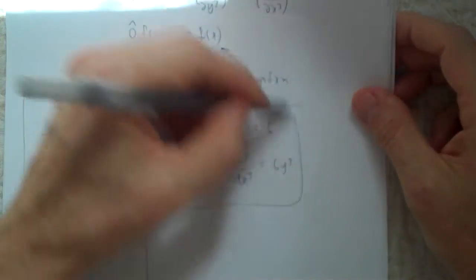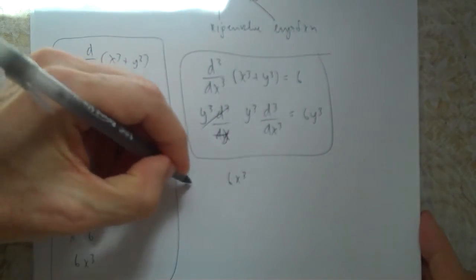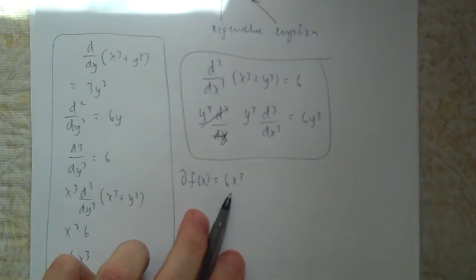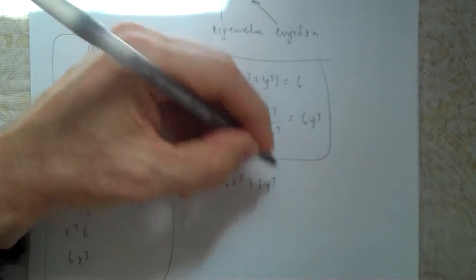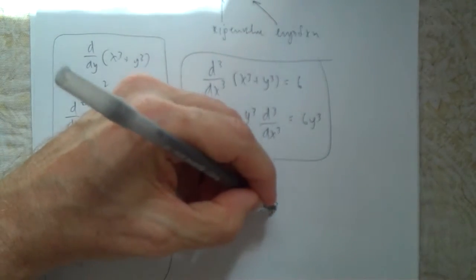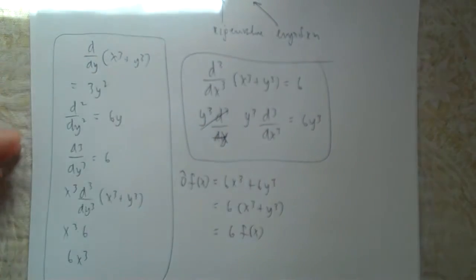That's our second part, and this is additive, so the operator on the function is going to be 6x cubed plus 6y cubed. It looks like I can factor 6 out of that: 6 times x cubed plus y cubed. This then is going to be 6 times f of x.